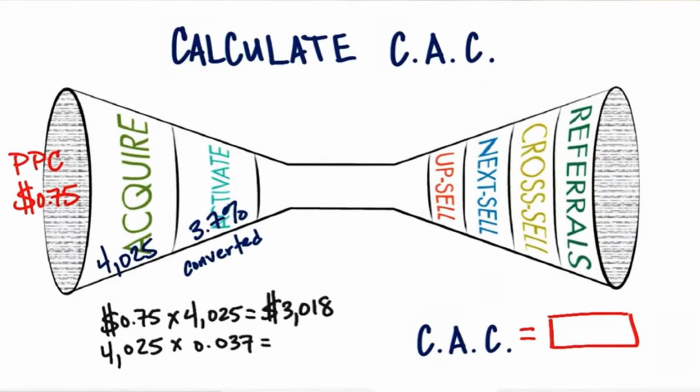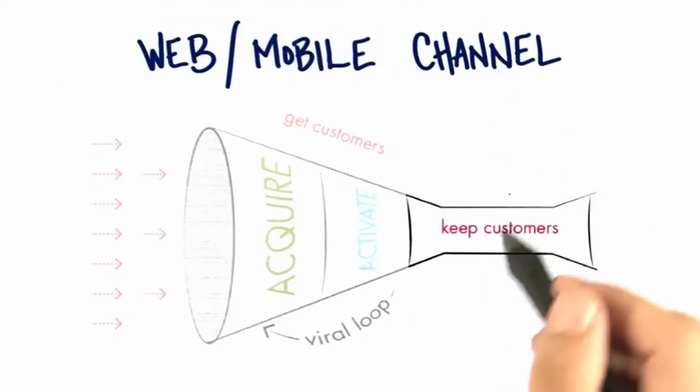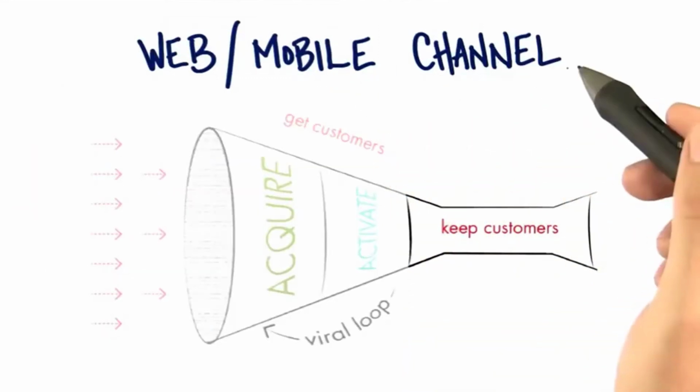If we multiply that out, we'll discover that equals about 149 activated customers. Now, if we divide the $3,018 by these 149 activated customers, we find out that the customer acquisition cost, the CAC, equals about $20. More precisely, about $20.27.